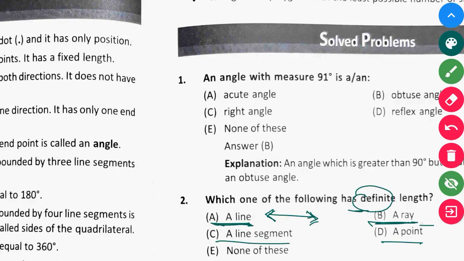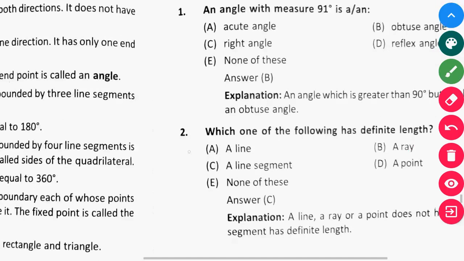A ray also has one infinite end, so it also does not have a definite length. But a line segment has definite ends because it is represented by 2 points, or it is in between 2 points. So a line segment has definite length and a point has no length, no breadth, nothing else. It is just a dot. So our answer is line segment.